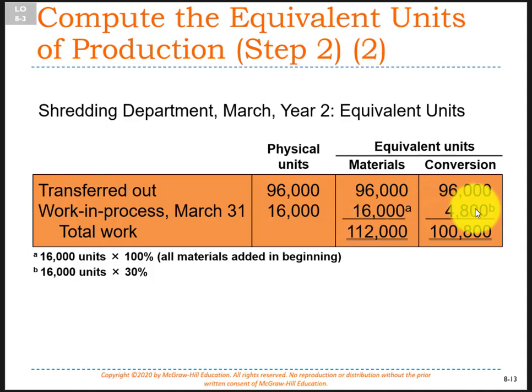But for conversion costs, remember they're only 30% finished. And so that's only 4,800. So we add those two together. Remember, with weighted average, we're adding together the equivalent units, the transferred out and the work in process at the ending. We get 112 for materials and 100,800 for conversion. All right, so that's the difference. If there's a different percent complete, then you need a different column.